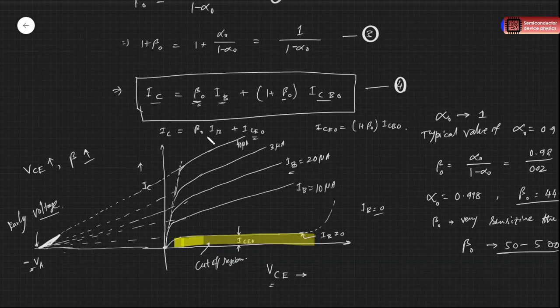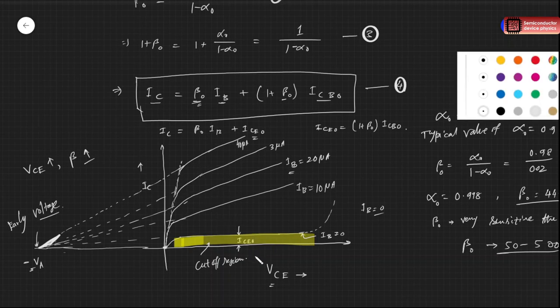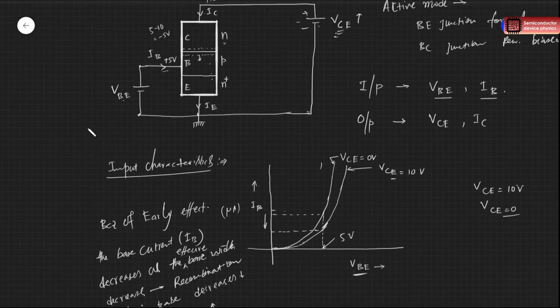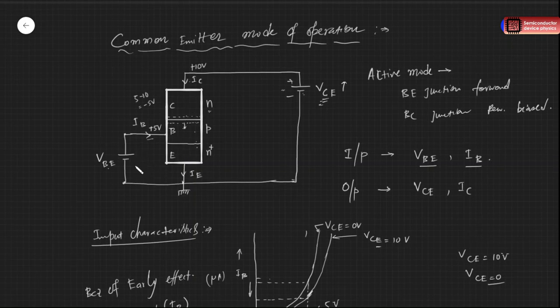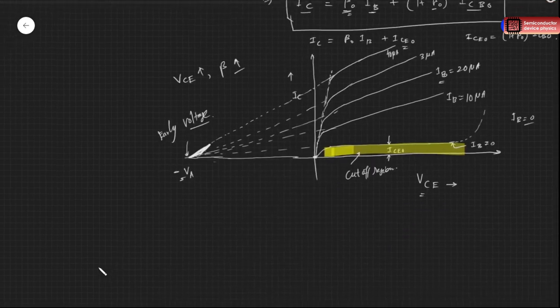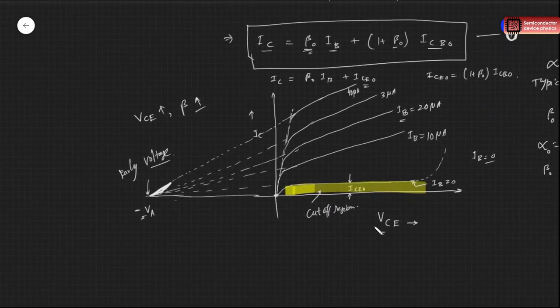And VCB, the input voltage, is VBE only, right? Now input is VBE, and this direction is our VBE.